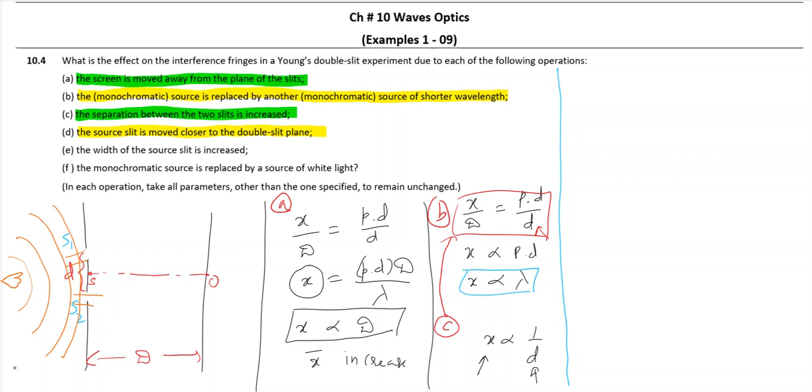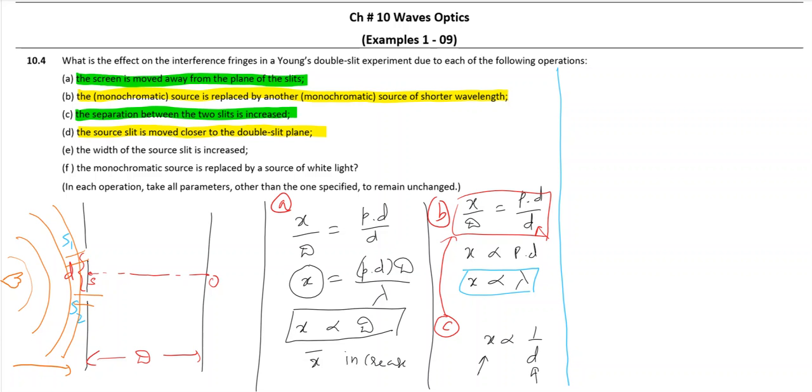Now, when you bring this source close to the S1, S2 plane, you are not sure whether the same wavefront is passing through S1, S2. So one possibility is fringes may disappear. Second possibility is the brightness of the fringe may alter. So these are the two possibilities, and if you place the source very close to S1, S2, it may be possible that fringes may vanish totally.